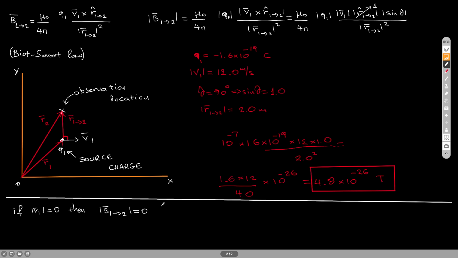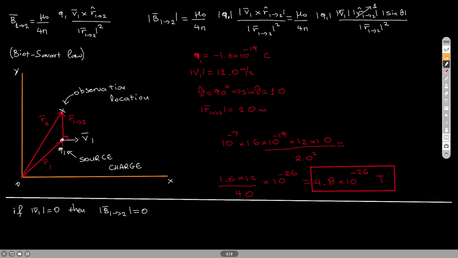This is important. If your charges are not moving, they do not create a magnetic field around them. None. Nowhere. If the charges are stationary, the only thing that they do is create electric fields around them, but no magnetic fields anywhere around them.